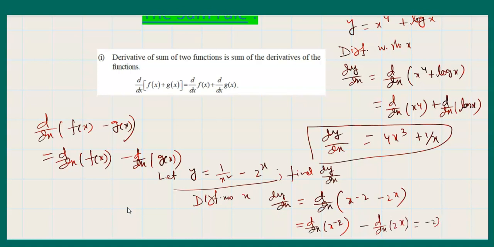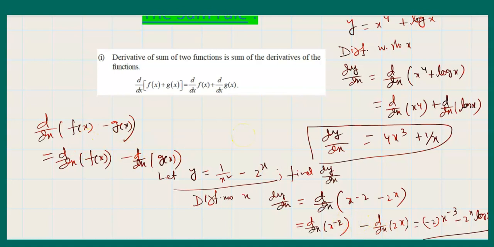Derivative of x to the power minus 2 is minus 2 x to the power minus 3, and the derivative of 2 to the power x is 2 to the power x log 2. Alright. So the derivative of 1 by x square minus 2 to the power x can be determined by this.